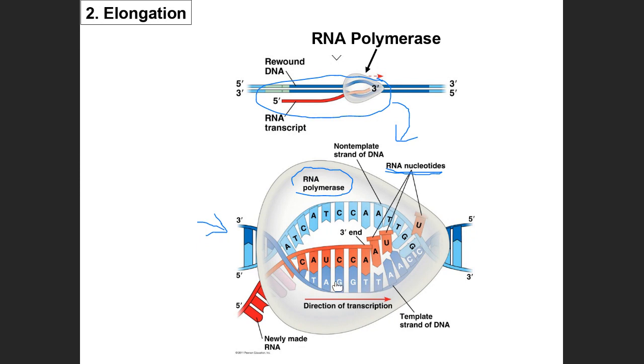The other thing is this: which RNA nucleotides does RNA polymerase know to choose? Remember, there are 4 different RNA nucleotides based on the 4 bases, A, G, C, U. Well, RNA polymerase will look at a DNA nucleotide that has thymine, and it will choose an RNA nucleotide that has adenine. If you recall, we talked about base pairing.